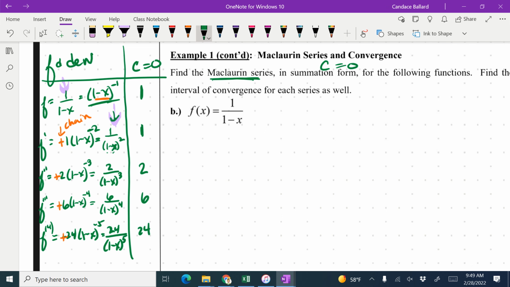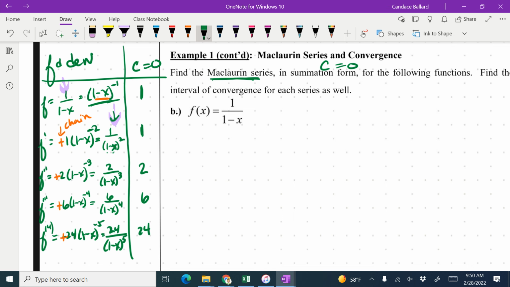What did I do wrong? Something went wrong somewhere. I lost my signs in here somewhere. We messed up the sign somewhere. I bring the negative to the front. We've got the chain rule. No, it seems to be right.